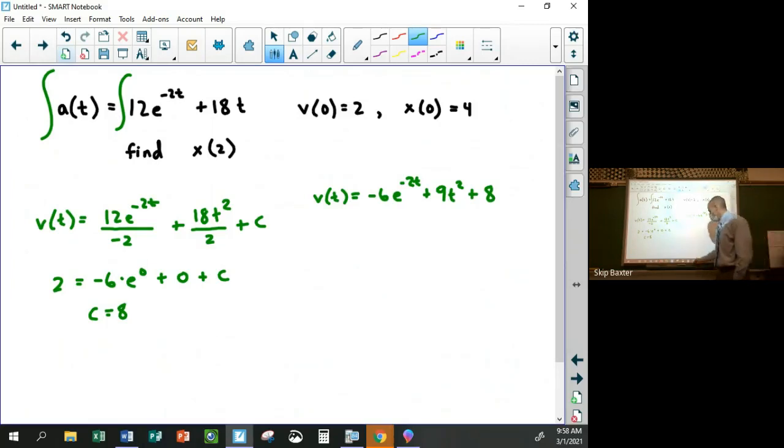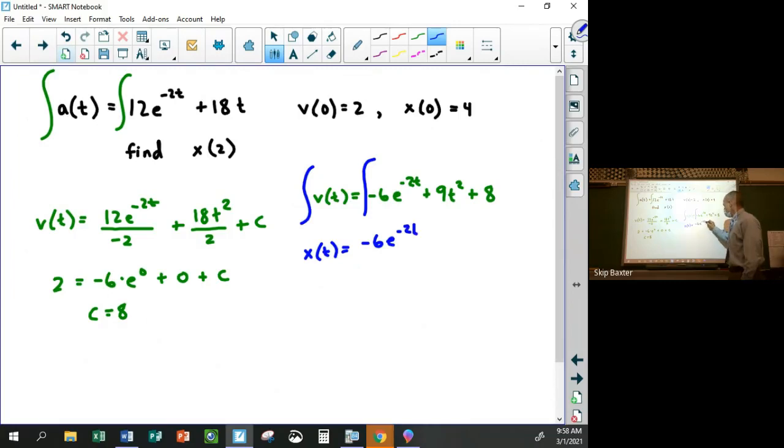Now start over. Integrate both sides. X of t, position at t, equals negative 6 e to the negative 2t divided by negative 2 plus 9t cubed over 3 plus 8t plus c. Different c, of course. I'm going to use this initial condition to find the value of this c.